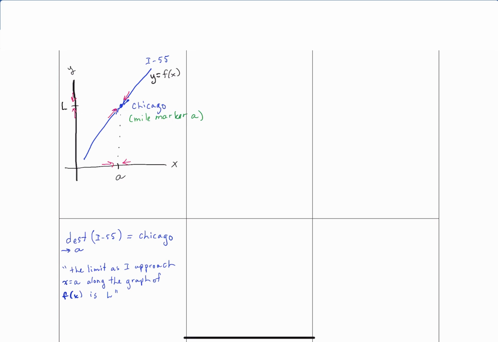How am I getting there? I'm approaching along f of x towards x equals a.